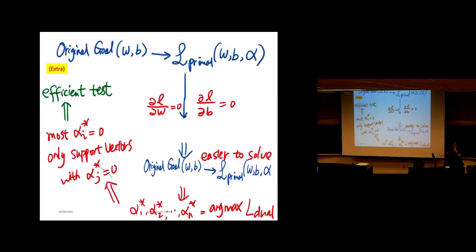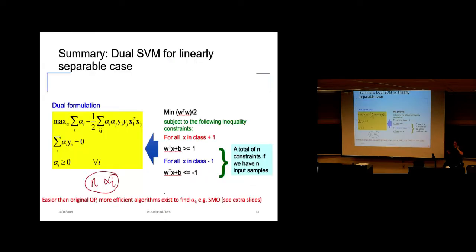Honestly, I think I already did this derivation, so I don't need to repeat. Original primal, take gradient, and yeah, this slide is a little bad. The previous slide is actually pretty good, so don't worry about that slide.